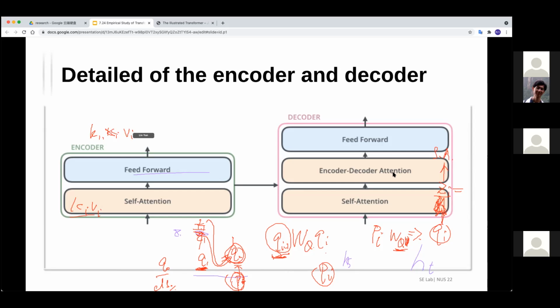Then we combine this Q with Vi to calculate the Z. Yeah, and also Qi should have attention with the previous Q to get the self-attention Z. You first go through the self-attention and get a Z, and then this Z goes through encoder-decoder attention, and I get another Z. Okay. The first is the self-attention. The second is the encoder-decoder attention.